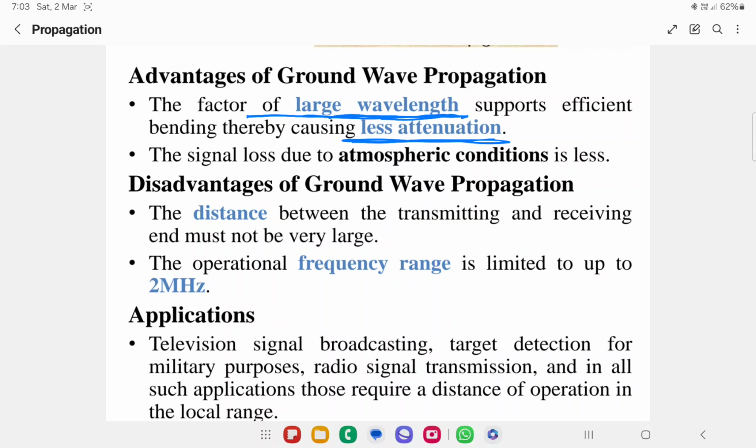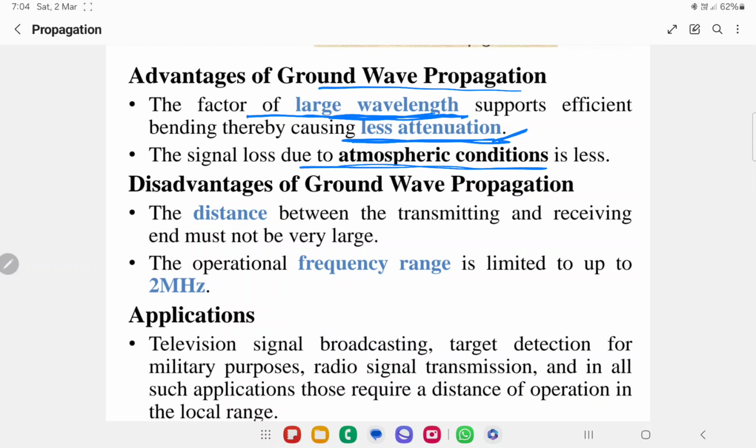If the signal strength is dropping or any part of the signal is being cut from the signal, then we say this is attenuated. Okay, some loss. If you have larger wavelength, then the attenuation will be less. And in this ground wave propagation technique, the signal loss due to atmospheric condition is less.